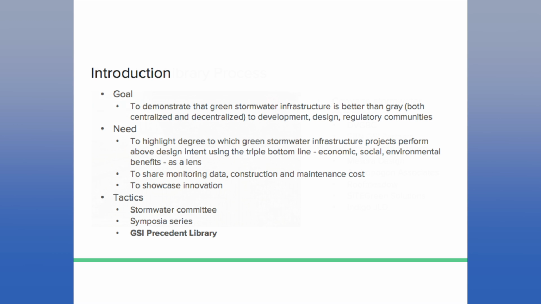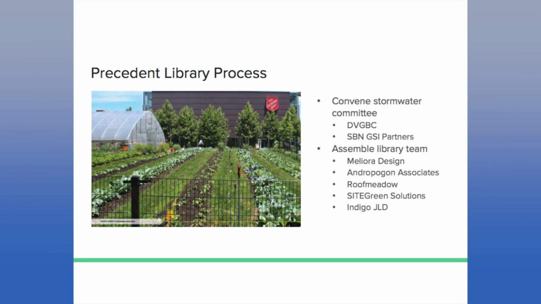So this all started with GSI Partners, which is a subset of the Sustainable Business Network of Philadelphia. The contact there who couldn't be with us today is Anna Ship. She's a project manager for GSI Partners and the interim executive director of SBN.